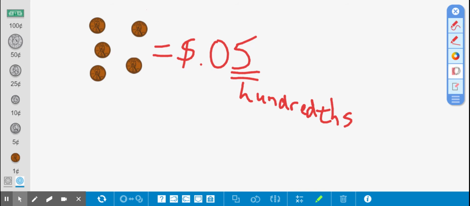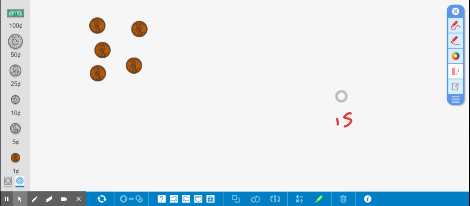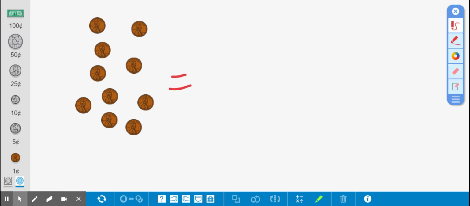So let me get rid of this writing. What if we had 10 pennies? We now have 10 pennies, right? So in math, like I said, I can't have any number larger than 9. So 10 pennies is now equal to, here's my decimal point, here's my tenths, here's my hundredths.